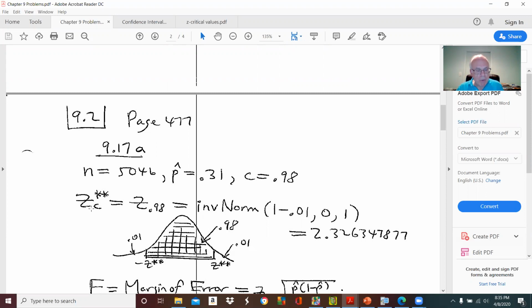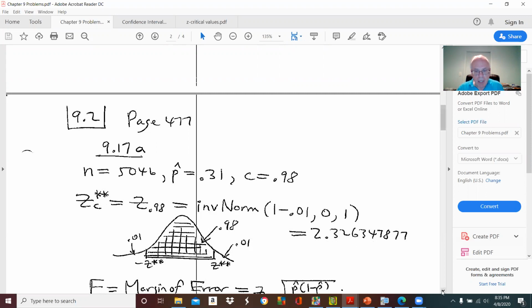So when we figure out the critical value for a 98% confidence interval, again, we're going to use inverse norm. Notice the area to the left is 1 minus the area to the right. So 1 minus 0.01, comma 0, comma 1. We get this as our critical value.